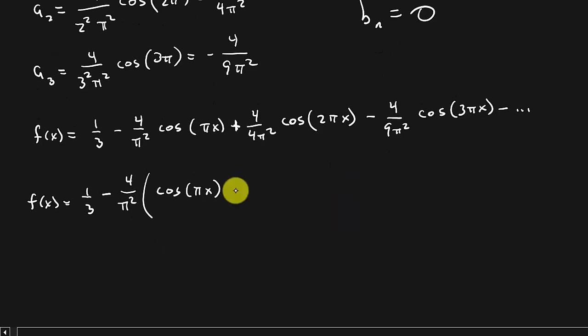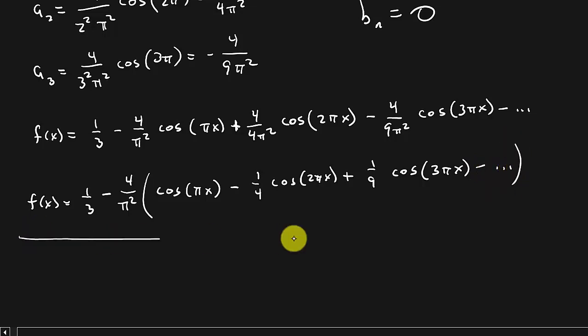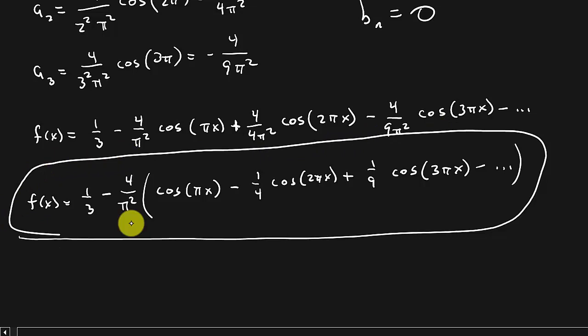See, that's positive. Minus, and that's going to be 1/4 cosine 2 pi x plus 1/9 cosine 3 pi x. And this would be your answer. And this next term here would be a plus instead of a minus.